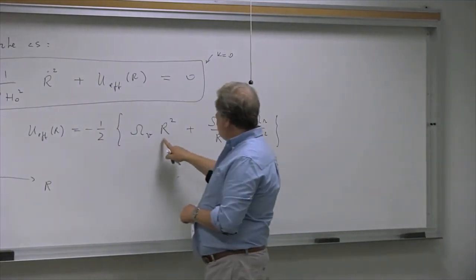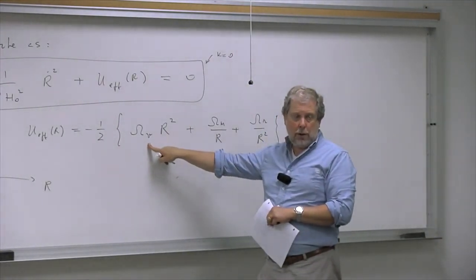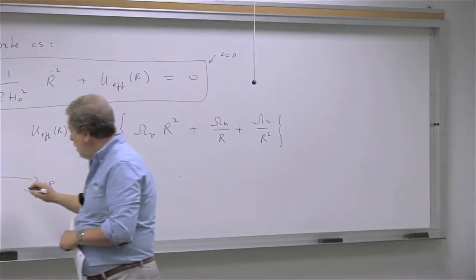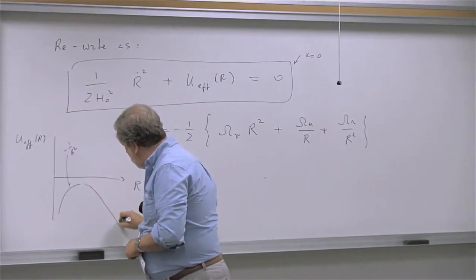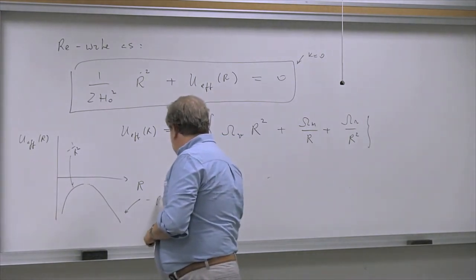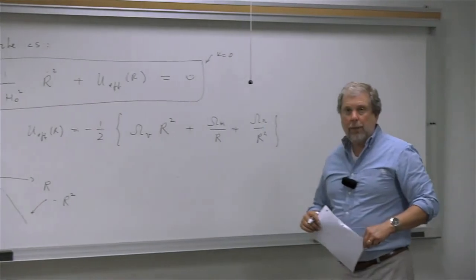And then when you go to larger r, the part that eventually dominates is the cosmological constant term, the vacuum energy, and that also has a negative coefficient. And in between, of course, there's the matter part. And so it then goes like this. So this is the minus r squared contribution from the vacuum energy.